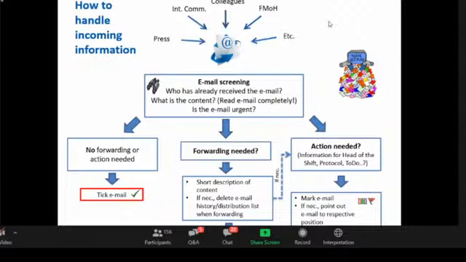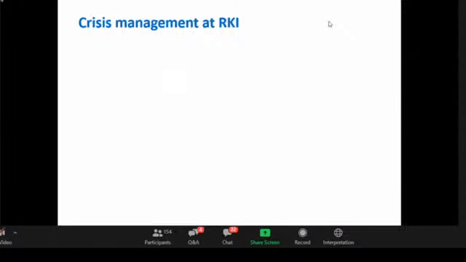So if you, for example, receive an email from the Federal Ministry of Health asking for a document to be reviewed, then we have an Excel sheet where we have IDs, and we give out tasks, and we send the task to the person within the Robert Koch Institute who can review the document. So the person on the triage has to use the colors accordingly, and if it's an urgent email, they also point out to the position that it's urgent, and the person doing the screening does not tick the email. This is done by the person who received the email. So yes, next slide.